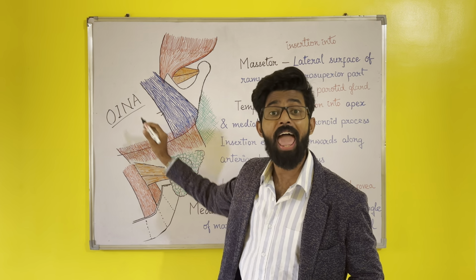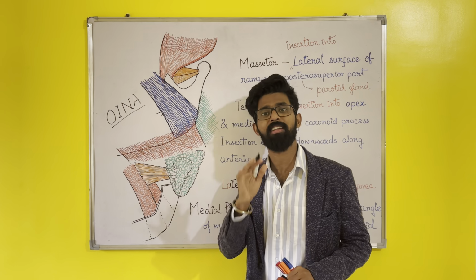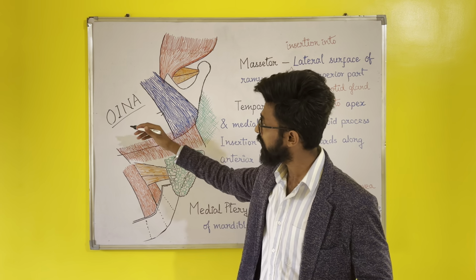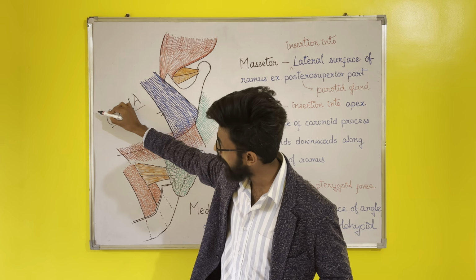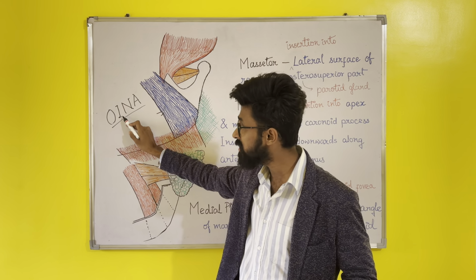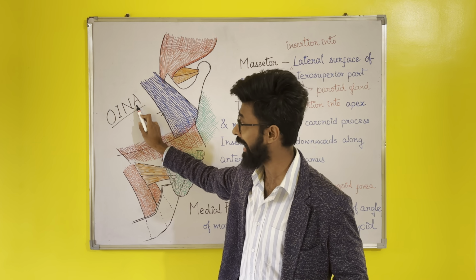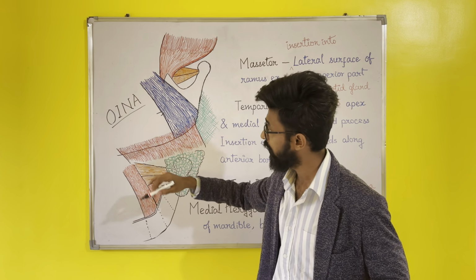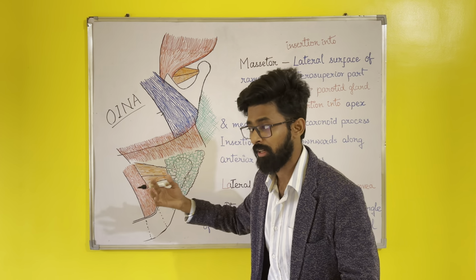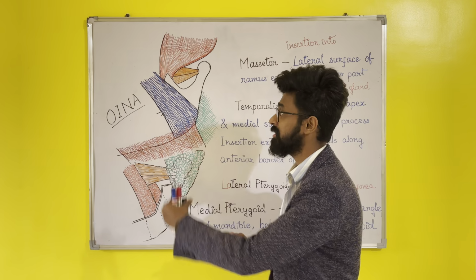A stands for action. So whenever we study a muscle, the study happens under these four separate headings: origin, insertion, nerve supply and action. Now what does this mean? Origin means the part from where that muscle is originating or starting.